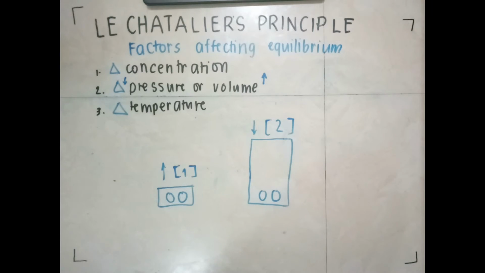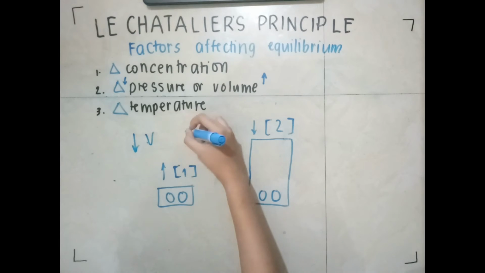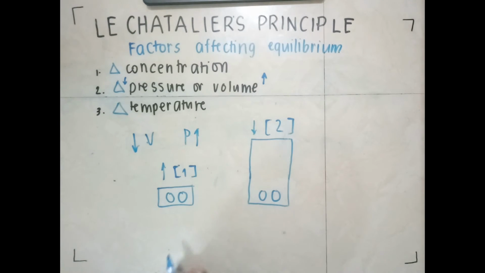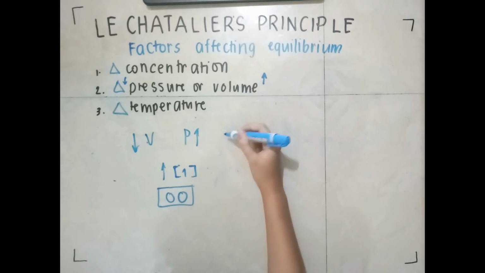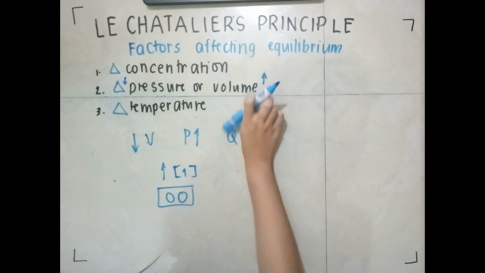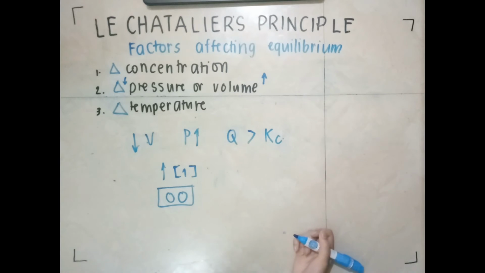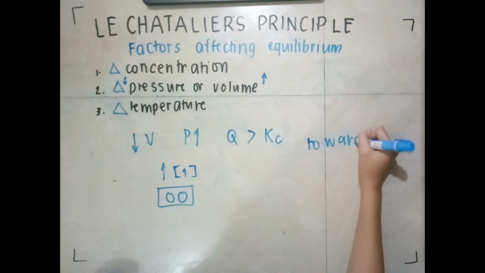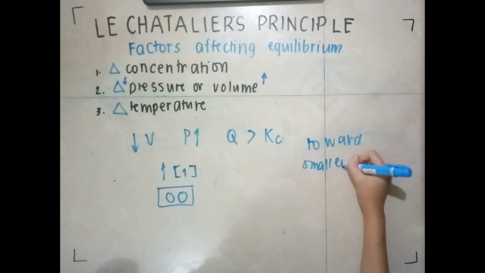So, once again, if volume decreases, pressure increases. And if this happens, Q is greater than Kc, and the direction of the shift will go towards the smaller number of moles of gas.